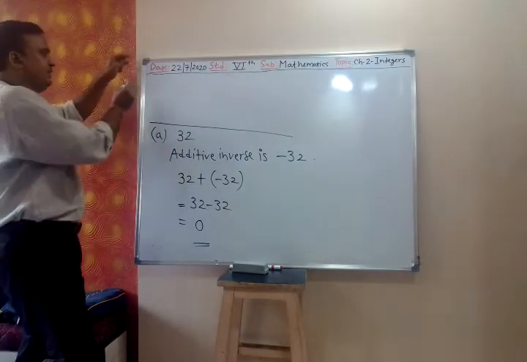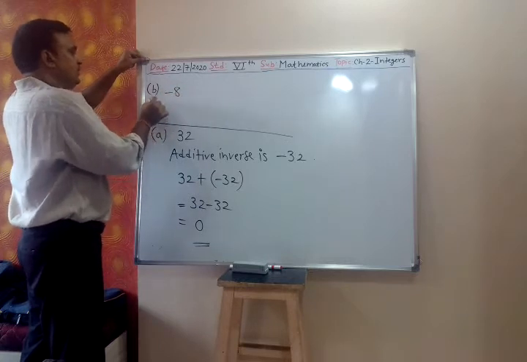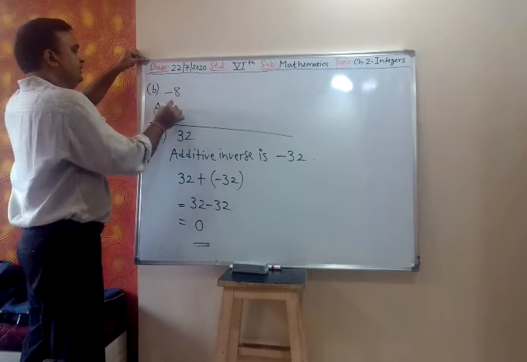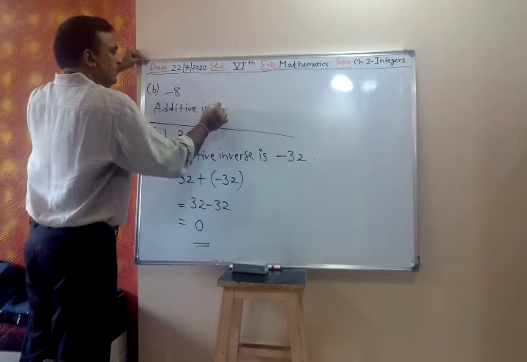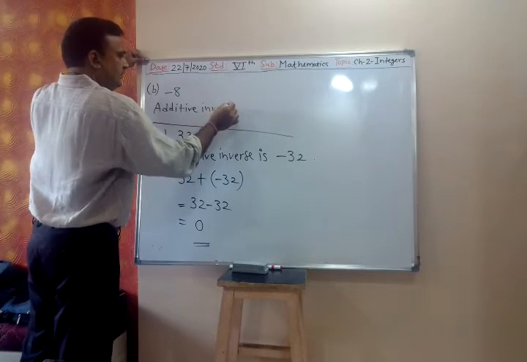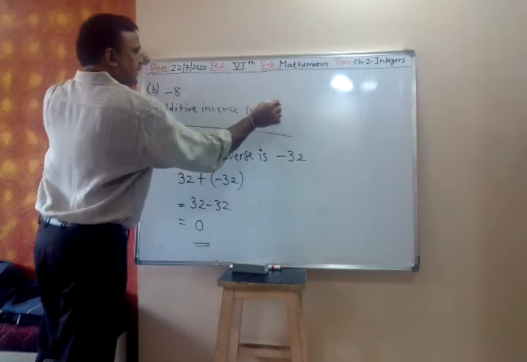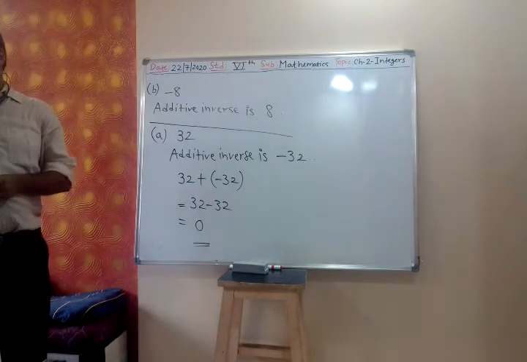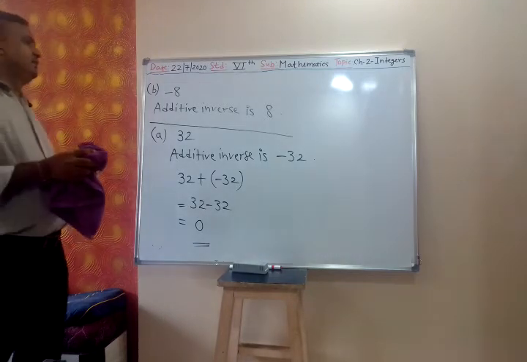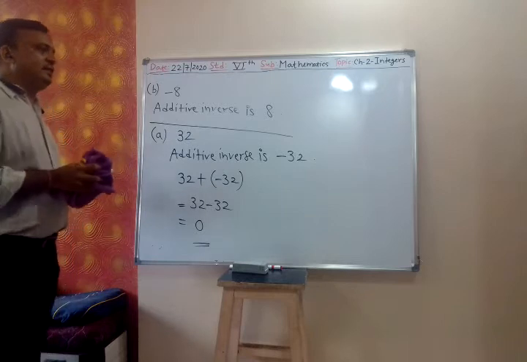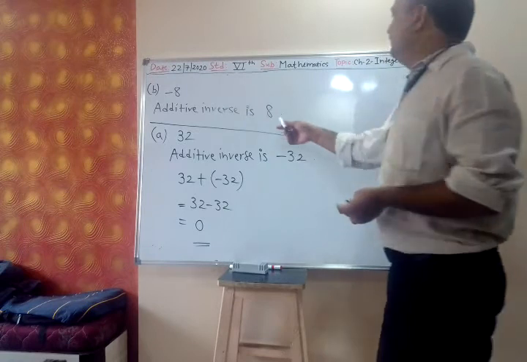So additive inverse of minus 8 is plus 8. Plus 8, normally we don't show the plus sign. 8 means it is plus 8. So additive inverse of minus 8 is plus 8.